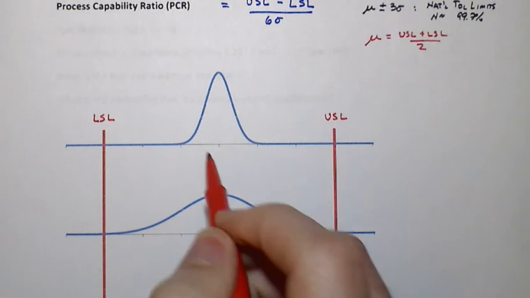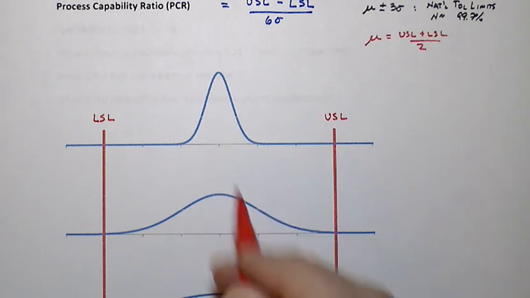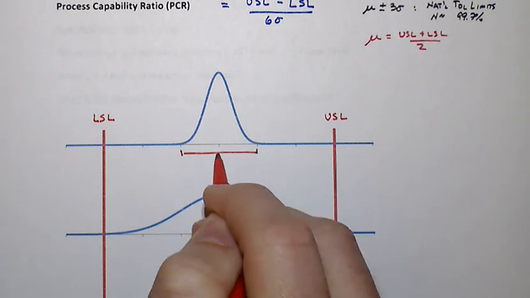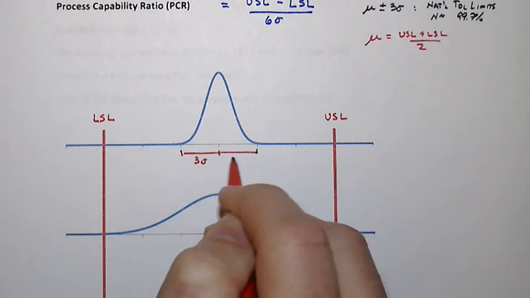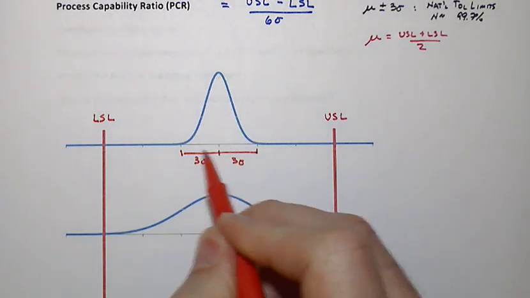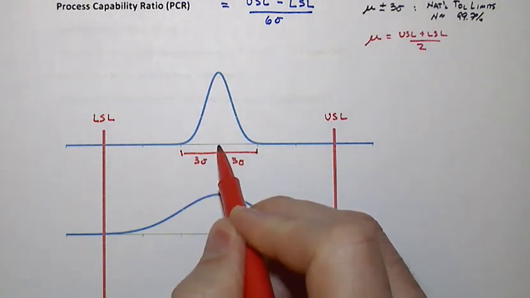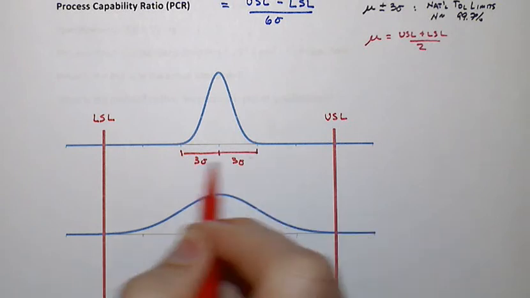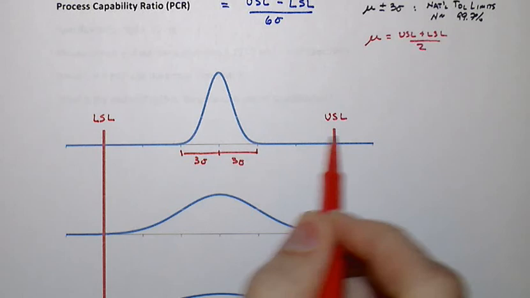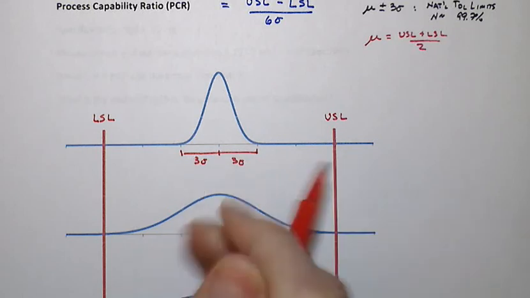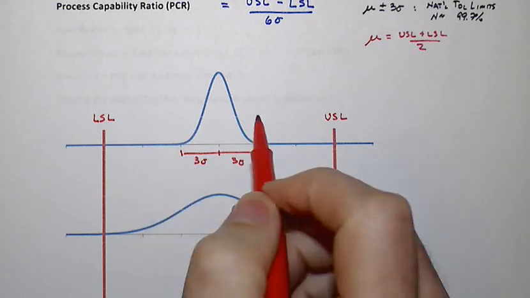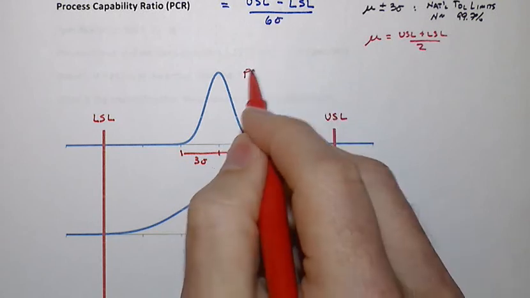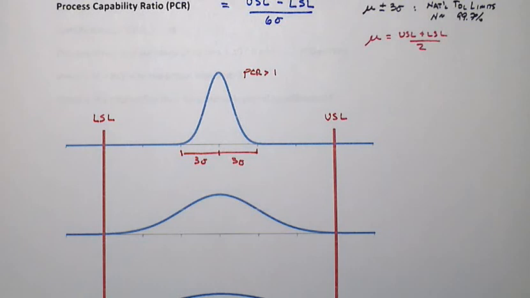And you'll note in this first one that the 3 sigma range for the distribution we have shown, I've carefully crafted so that it's exactly equal to one of these tick marks that we see here. And so it's quite a bit smaller than what this is here. So we're quite a bit tighter in our process control. This is going to be smaller, a total of 6 sigma, than that. So our PCR is going to be greater than 1.